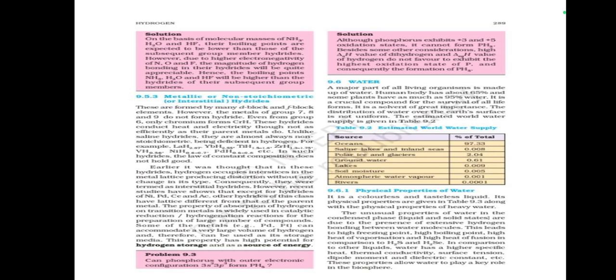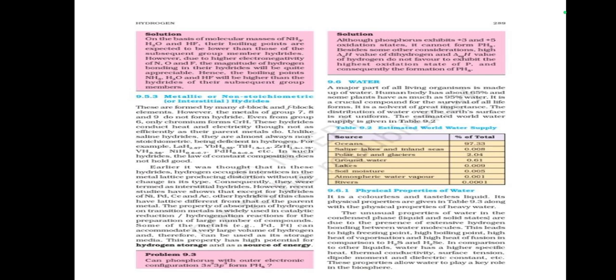Their boiling points are expected to be lower than those of the subsequent group member hydrides. However, due to higher electronegativity of N, O, and F, the magnitude of hydrogen bonding in their hydrides will be quite appreciable. Hence, the boiling points of NH3, H2O, and HF will be higher than the hydrides of their subsequent group members.